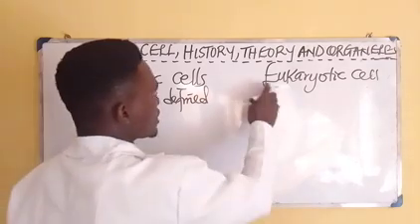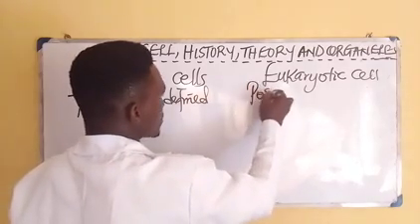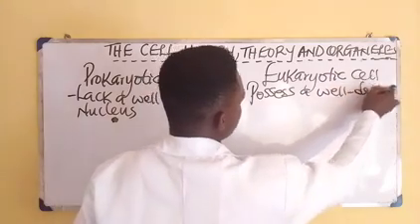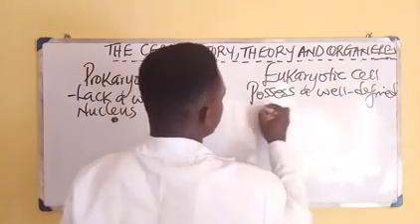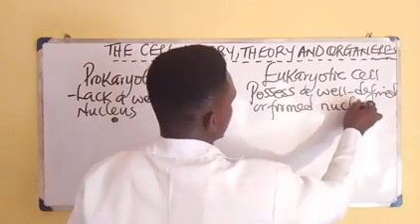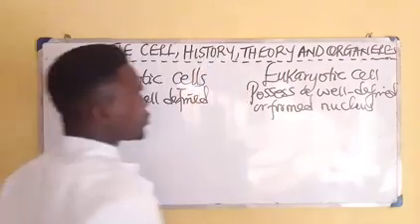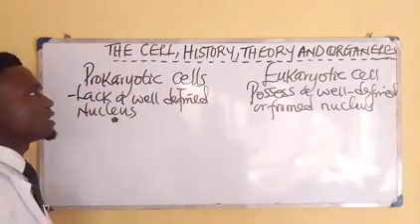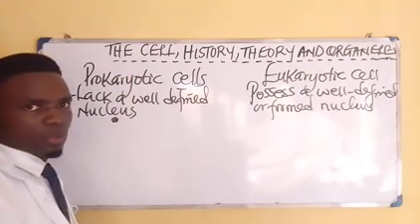It therefore means that the eukaryotic cell possesses a well-defined or formed nucleus, but these guys lack a well-defined nucleus.